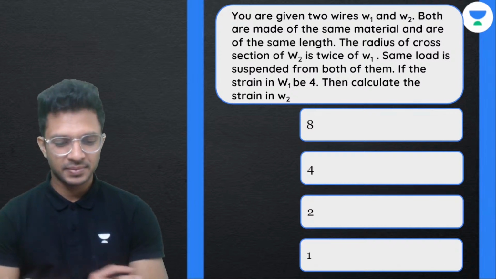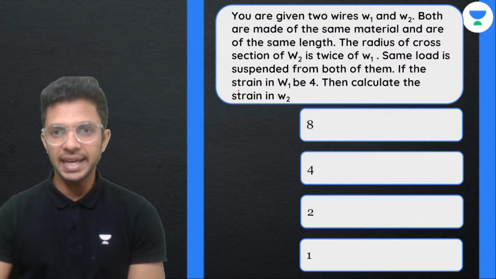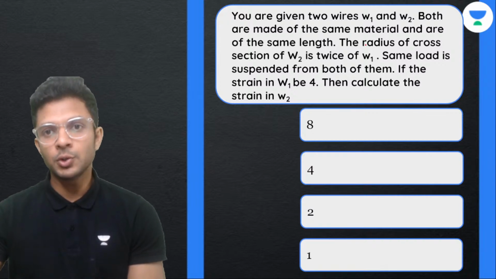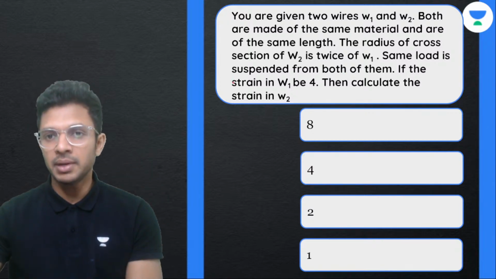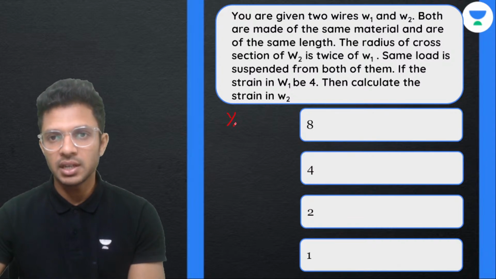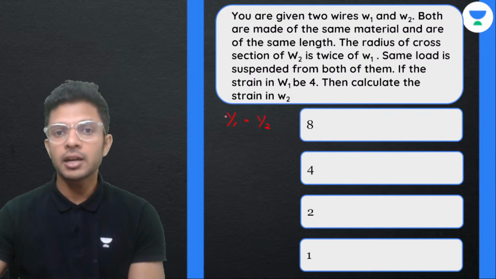Answers? First option, everyone is going for the first option, 8. Anyway, let's see. You are given 2 wires. Both are made of the same material, which means Young's modulus of the first one and the second one are the same, and they are of the same length.